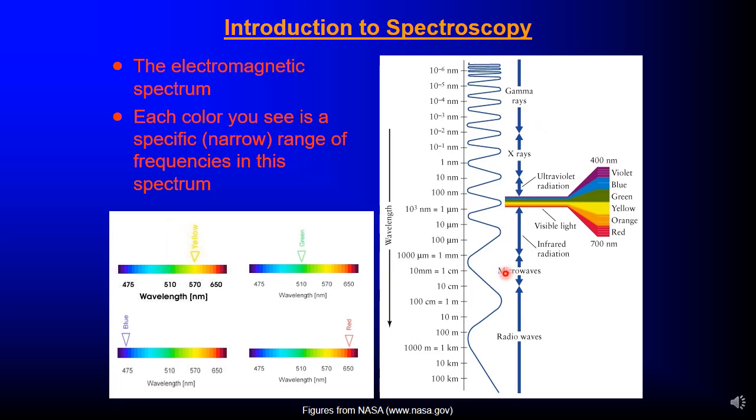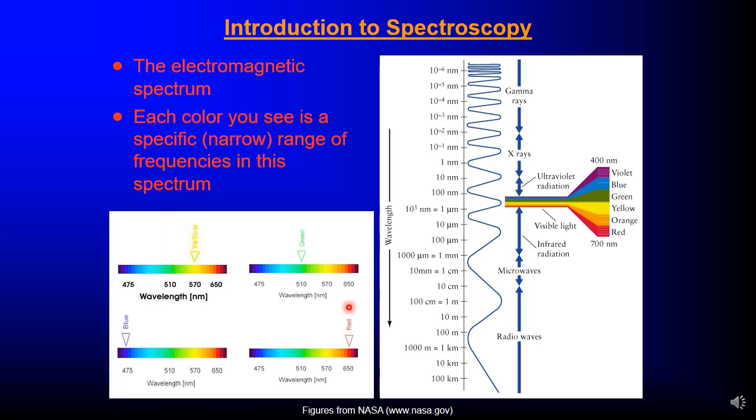So you can see from down here we have the radio waves, which have a very long wavelength, as we move up to gamma rays, which are very short in wavelength. For example, if we take the wavelength of visible radiation, you will see where the yellow color falls about 570 nanometer.